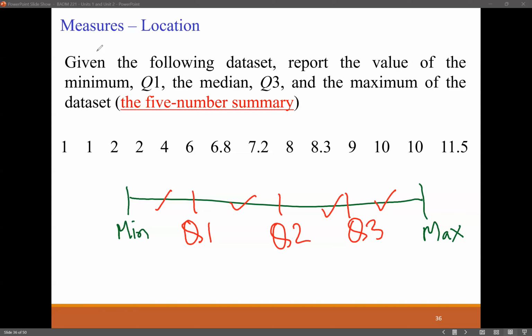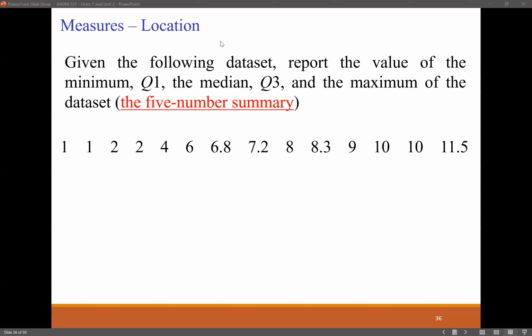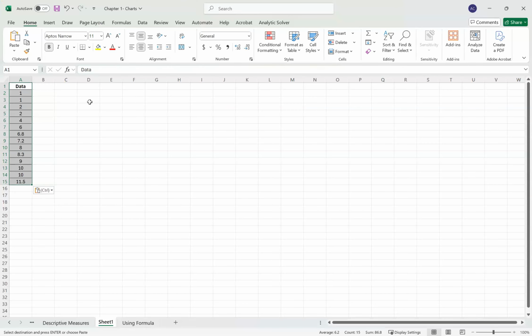Now let's see how to do this in Excel. Okay, so we have the data set here and we want to find the minimum. So we will write minimum here. I will just write first what we are going to calculate: Q1, Q2, and then Q3, then maximum.